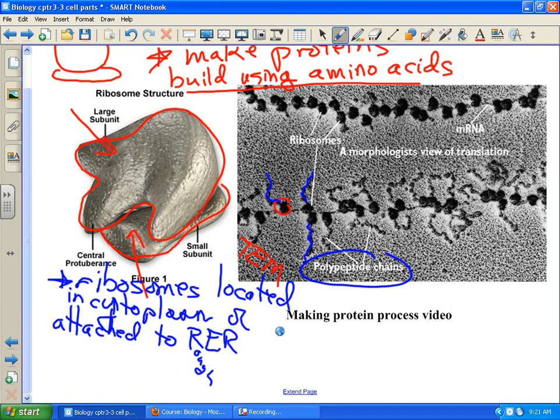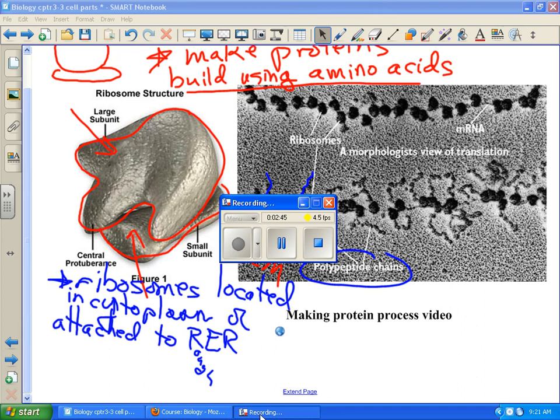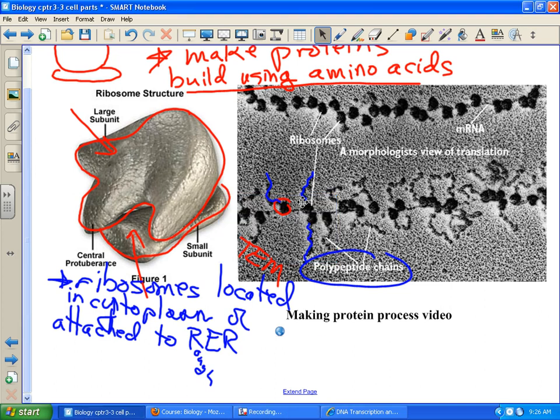Okay. Now, I wanted to show you, because it's kind of hard. Boom. Okay. So hopefully you got a better idea now. You've got ribosomes building the proteins, and can you see, look right about here. Do you see in this zone a little line? Yeah.